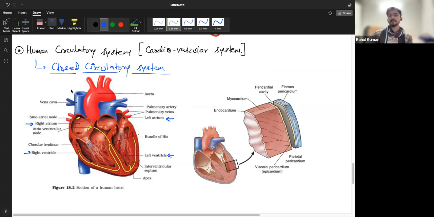Crocodiles have a 4-chambered heart, but in other reptiles, how many chambers are there in the reptilian heart? 3. In the amphibian heart? 3 again. So amphibians and reptiles are very closely related.